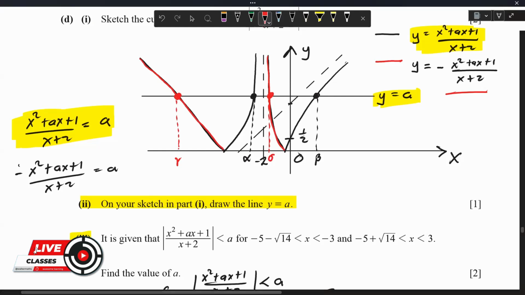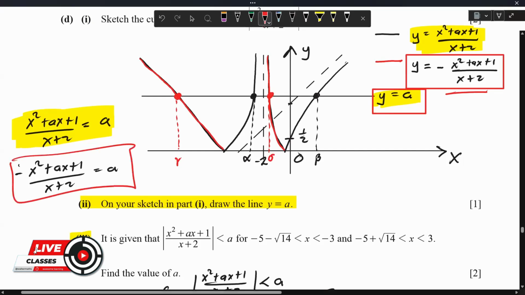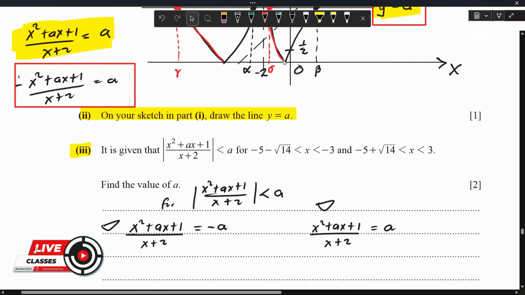Delta would be those two. So that's when this graph intersects the graph y is equal to a. That's why I equated the two here. And this equation is the same as this one here. Okay, I got you. Okay, good.